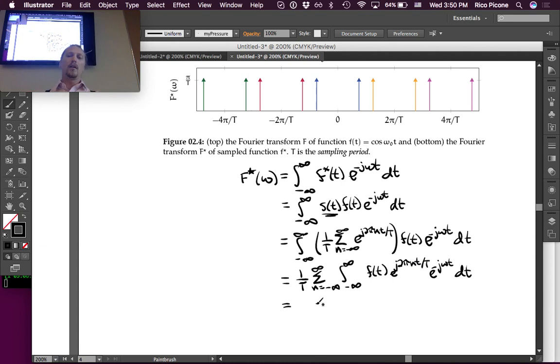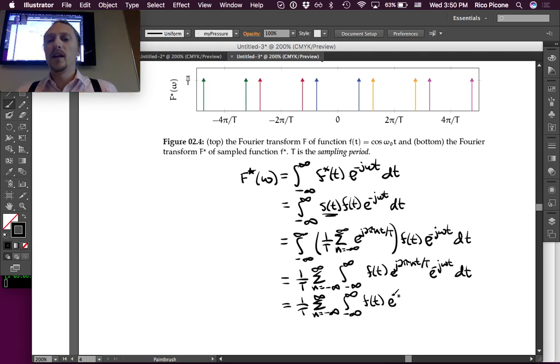Now, one more move before we make a nice simplifying step. We're going to have the sum still in this step, and then we're going to integrate still, but we're going to combine these two exponentials together in a specific way. Because you can just add the exponents, right?